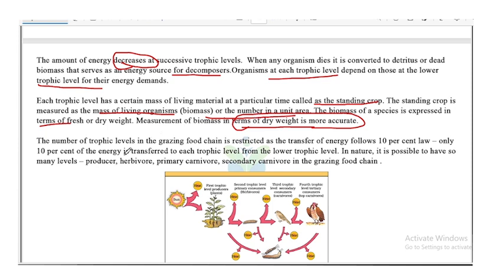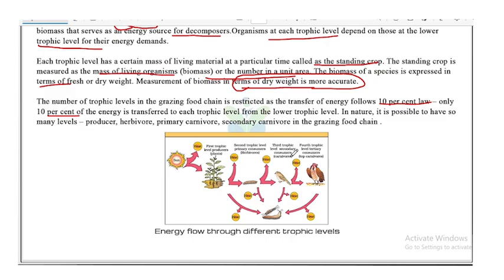The number of trophic levels in a grazing food chain is restricted as transfer of energy follows the 10% law. Only 10% of the energy is transferred to each trophic level from the lower trophic level. In nature, it is possible to have so many levels.